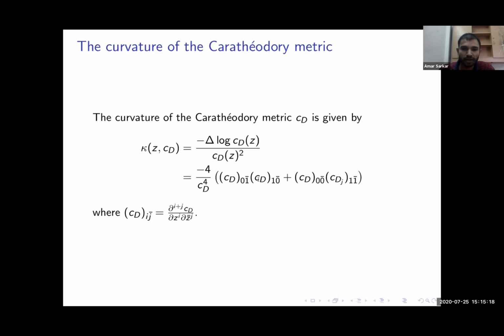We'll get this formula, and in these terms, if you see here the partial derivative of the Cartesian metric, which is written here, C D i j bar is the derivative of the Cartesian metric, i plus j derivative of the Cartesian metric with z and z bar.